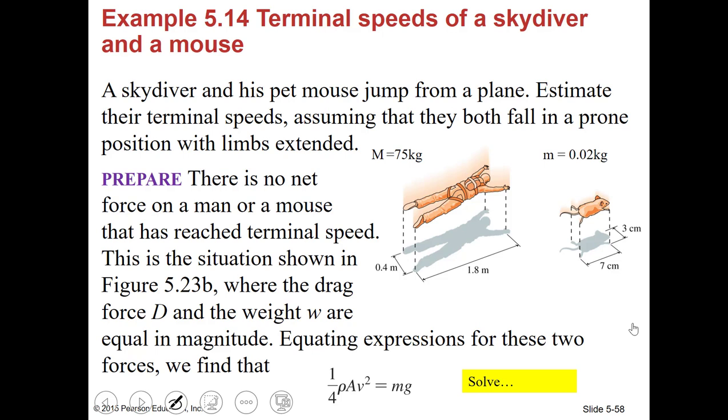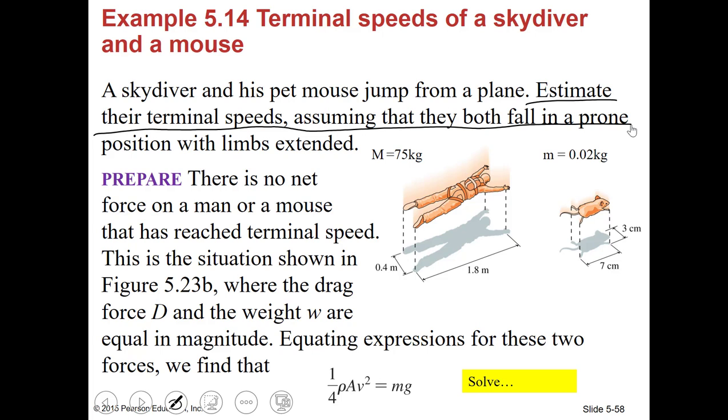And we can solve for these different terminal velocities. So the man there has a certain cross-sectional area and mass. The mouse here has a certain cross-sectional area and mass.